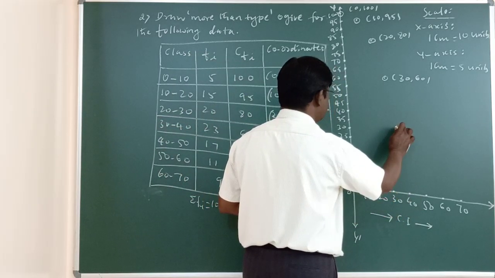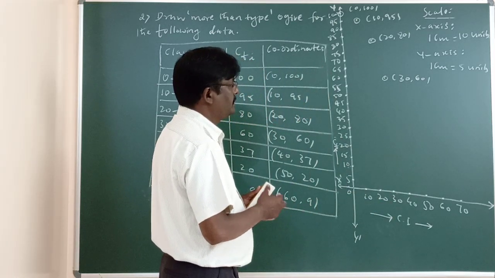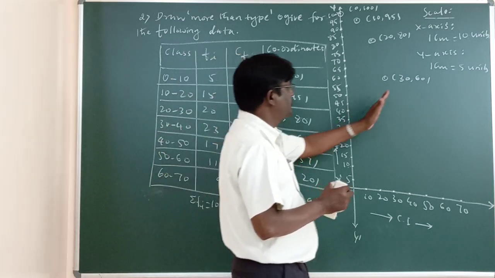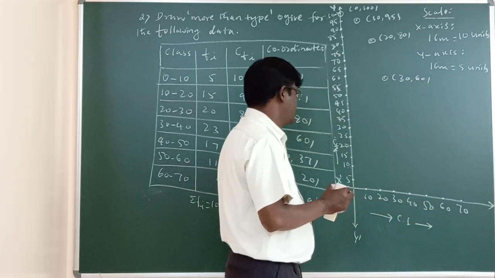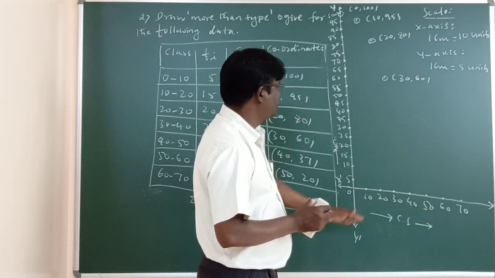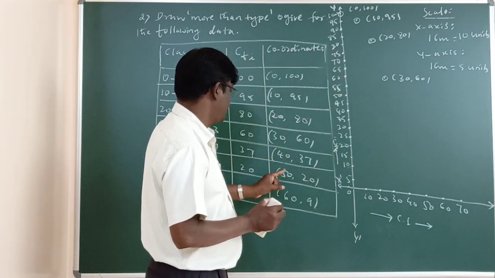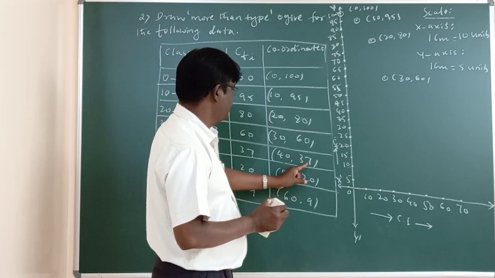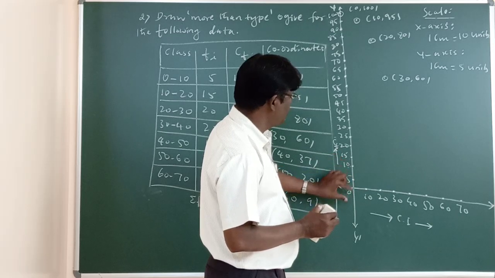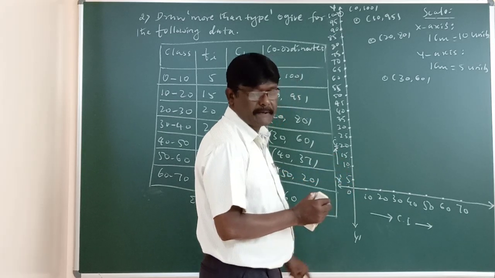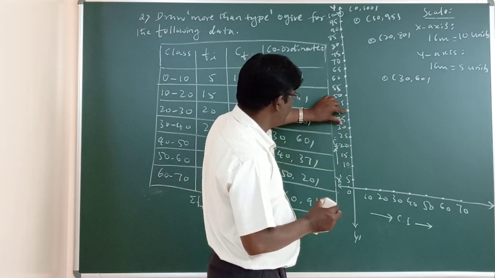37 means after 35. Here, just see, every 1 centimeter denotes what? 5. Okay, children. After 30, every 1 centimeter denotes 5, and there are 10 divisions between 35 and 40.